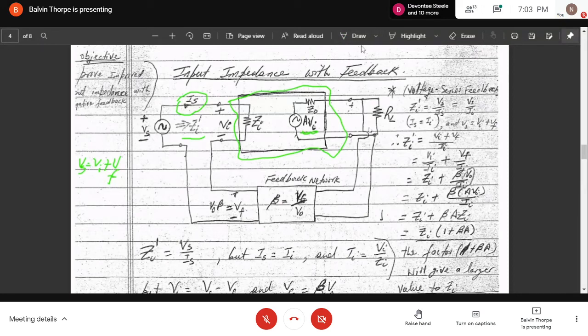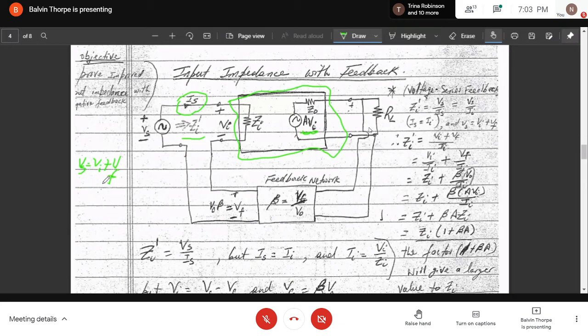But we know what VF is, because we can look right here and see it. VF equals VO times beta, so we can put that back into the formula.